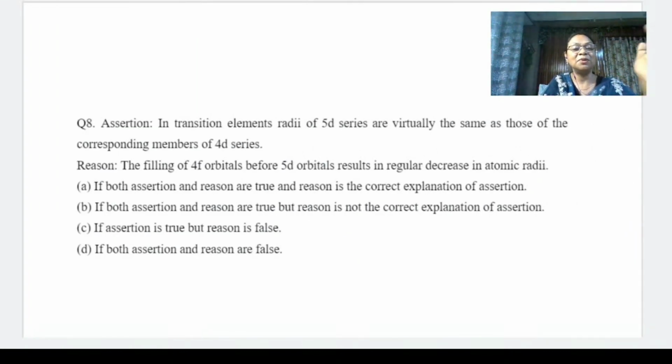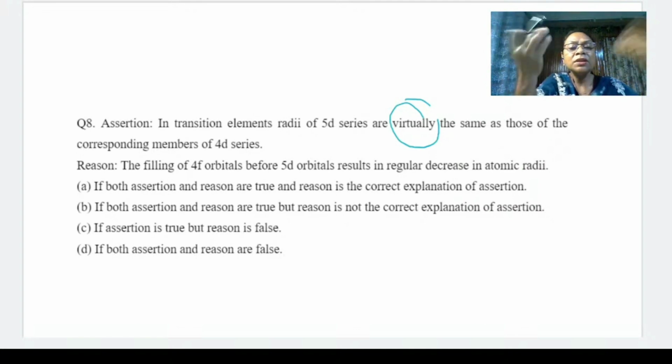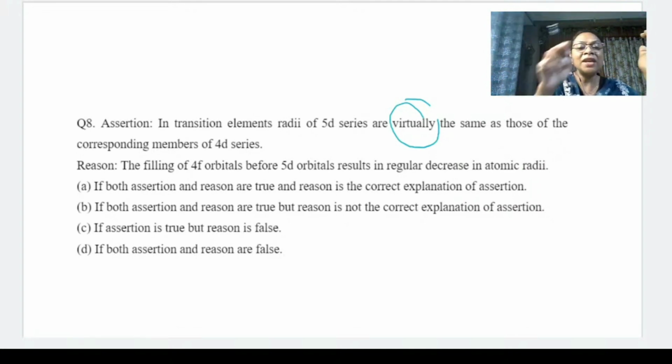Oh, the most interesting assertion reason: in transition elements, the radii of 5d series are virtually the same as those of the corresponding members of 4d. You should look at the graphs. If you look at the graph of the radii of the transition series 5d and 4d, they are very, very close to each other.